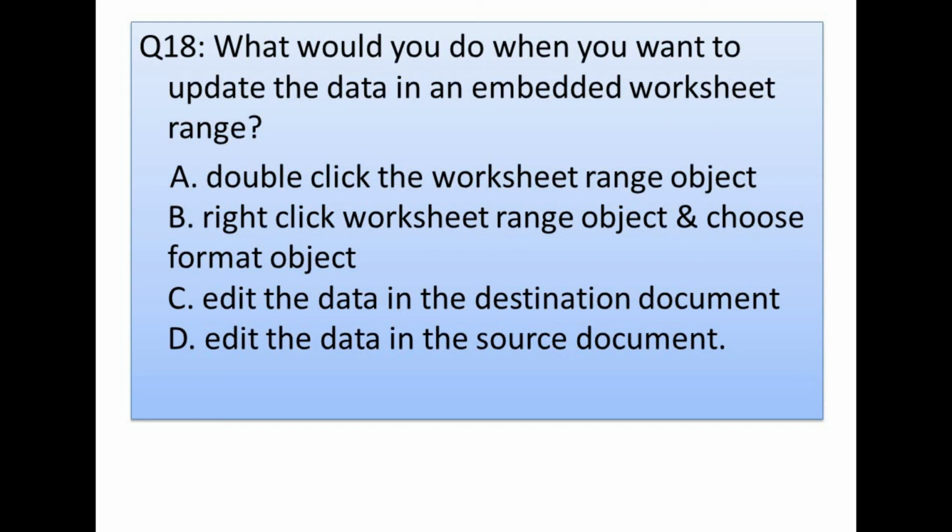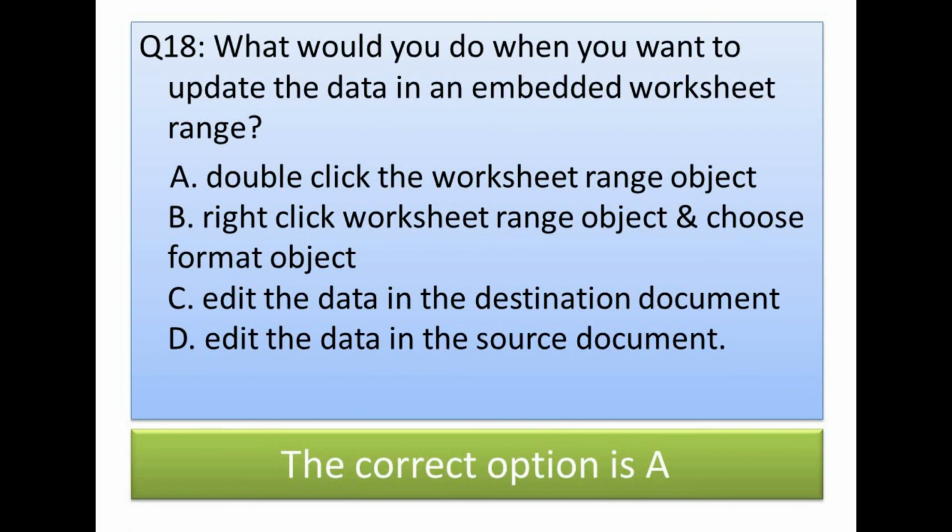Double click the worksheet range object, right click worksheet range object and choose format object, edit the data in the destination document, edit the data in the source document. So the correct option is A.